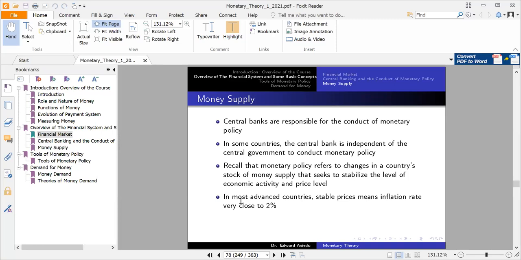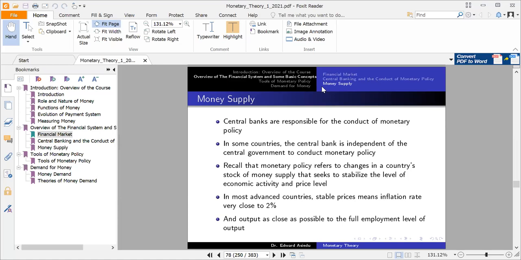In our setting, we are now flirting with 25 to 27% inflation, so we are in double digits right now. Okay. So in most advanced countries, stable prices means inflation very close to 2% and output as close as possible to the full employment level of output. Okay.